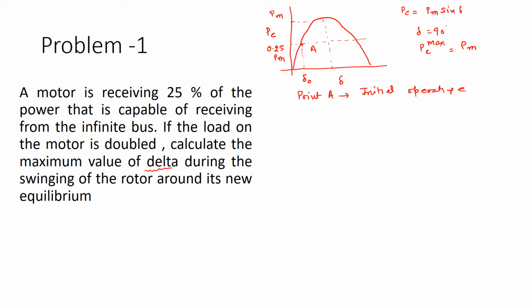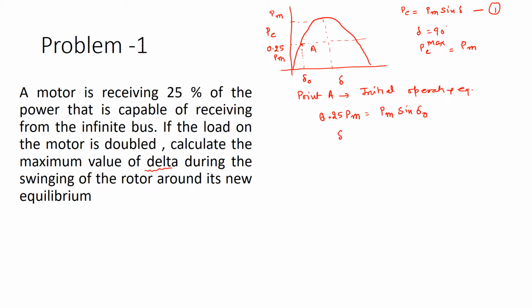If I put the coordinates of point A, 0.25 Pm, into this expression, suppose this is expression 1, I get 0.25 Pm is equal to Pm sin delta naught.